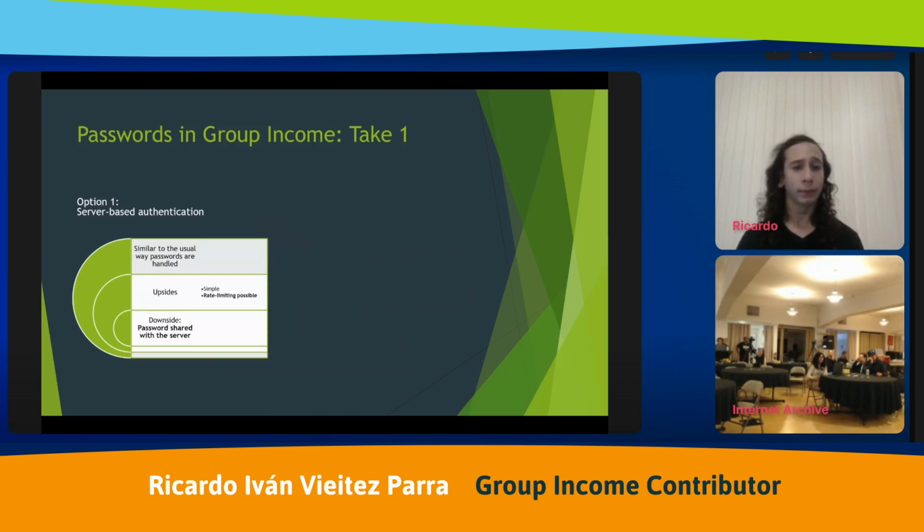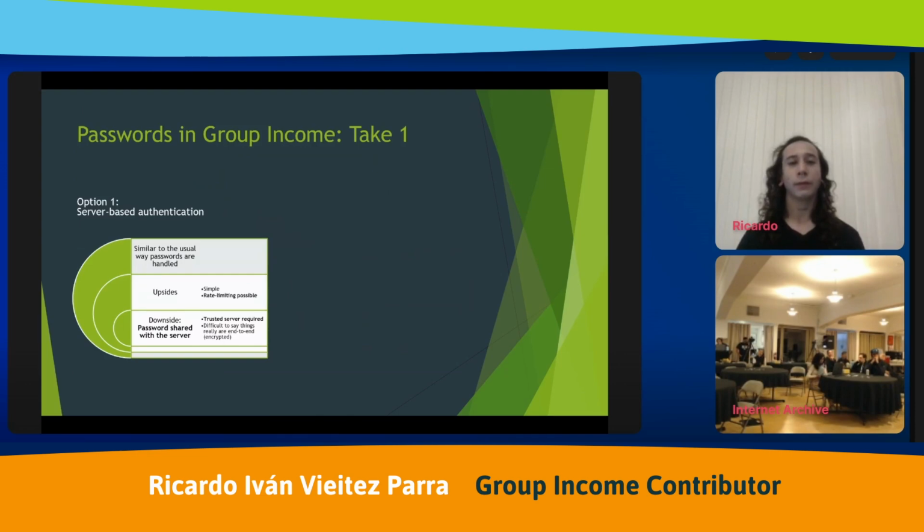The downside of this, however, is pretty significant, and that is that the password, or something that can be used as a password, is shared with the server. An implication of this is that we have to trust the server, because implementing this usually means that these secrets that we're using in Group Income will be sent back to us through the server.